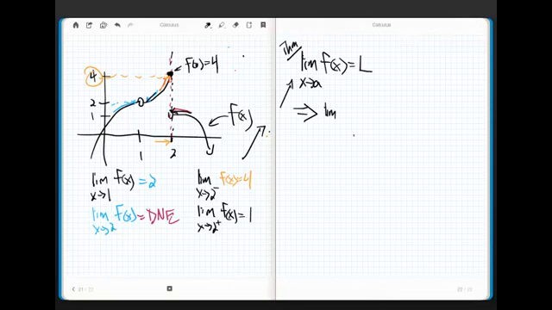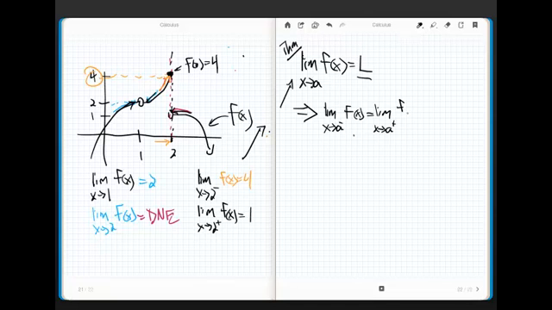My fingers have to go to the same point, which means the left-handed and the right-handed limits have to be the same. Not only do they have to be the same, but they have to be L. So the limit as x approaches a from the negative side of f of x has to equal the limit as x approaches a from the positive side of f of x, and they both have to equal L. If I'm claiming that 1 is my limit in this case, well, no it's not. We're both headed for 2. So one-sided limits give us this really powerful way to play with the concept of limit. You can take it on from both sides.